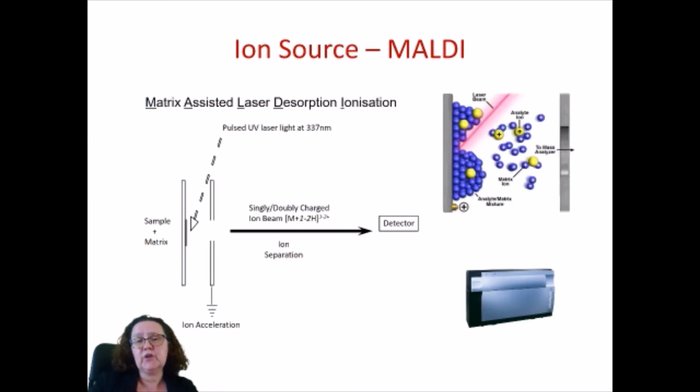And here's just a sort of a schematic of how the MALDI ionization source works. Your molecule, your analyte, your molecule of interest is mixed with a matrix mixture and injected into the spectrometer. A laser beam is shone through, and it breaks down the matrix analyte mixture, and different ions are created, and those are the ones that go through to the next step, to the analyzer.